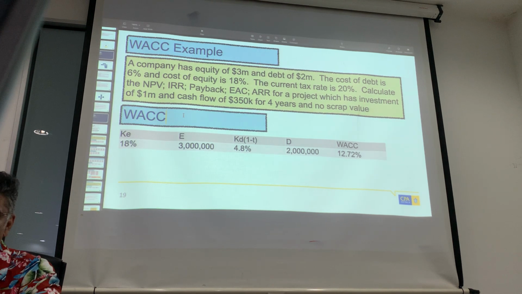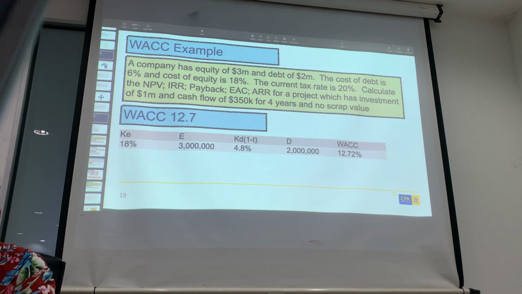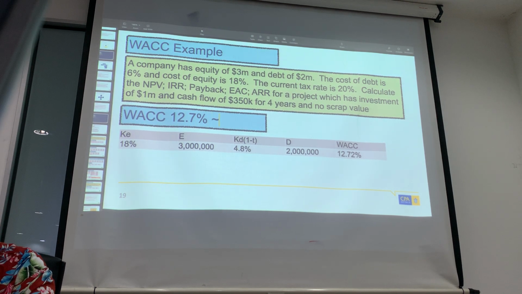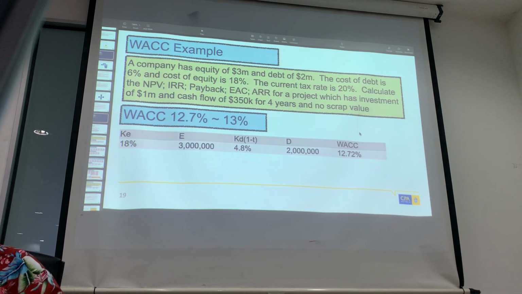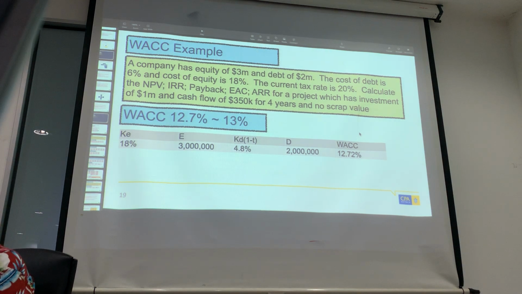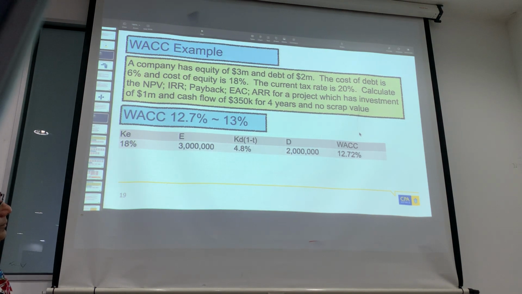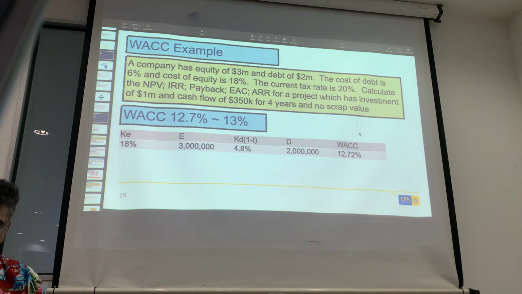For this question I'm going to set the cost of capital at 13%. Are we okay? Clear? Okay, now I've set the cost of capital at 13%, right? Yes.